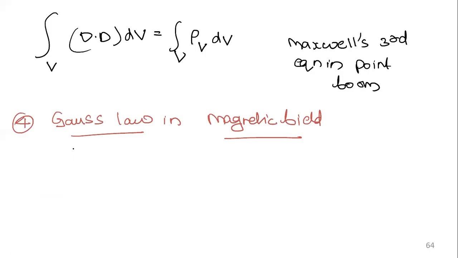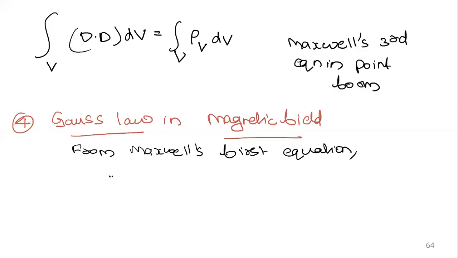From Maxwell's first equation, del cross E is equal to minus dou B by dou t. So we have realized that, we have studied this, we have derived it, everything we know.